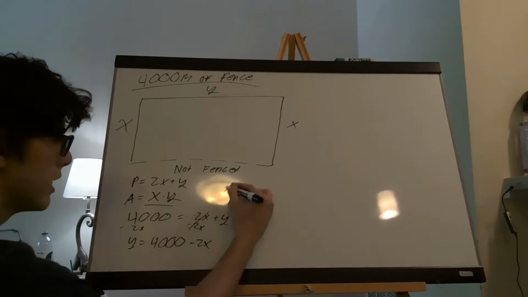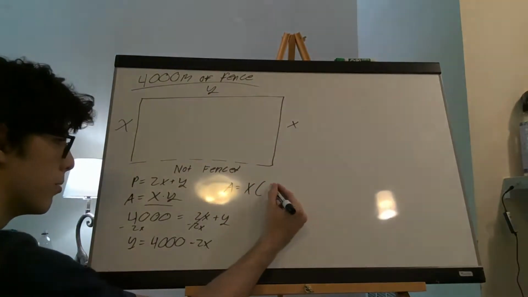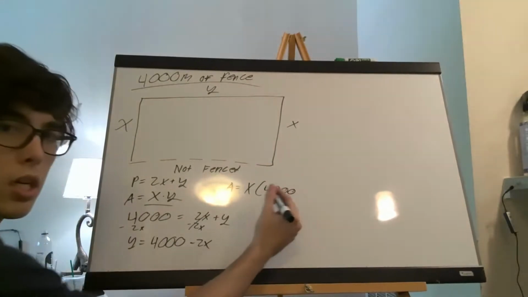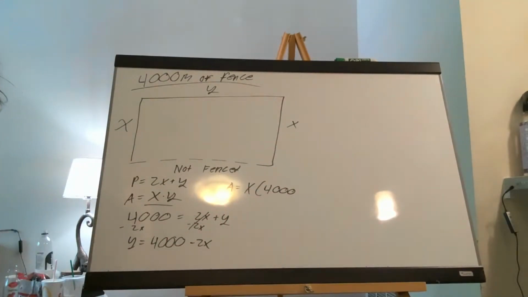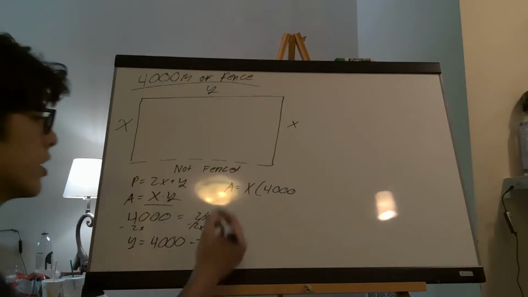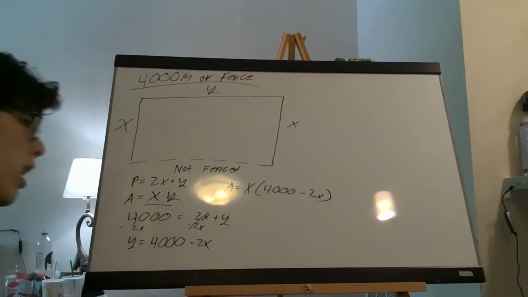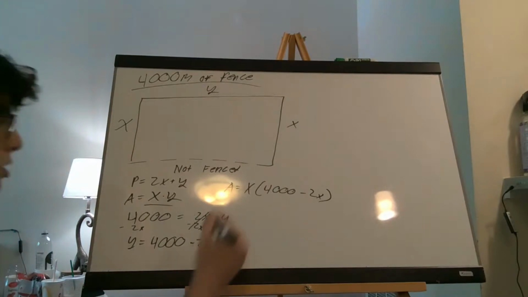So now we get A equals x times 4,000 minus 2x. And now we have it in terms of x. Let's distribute that.